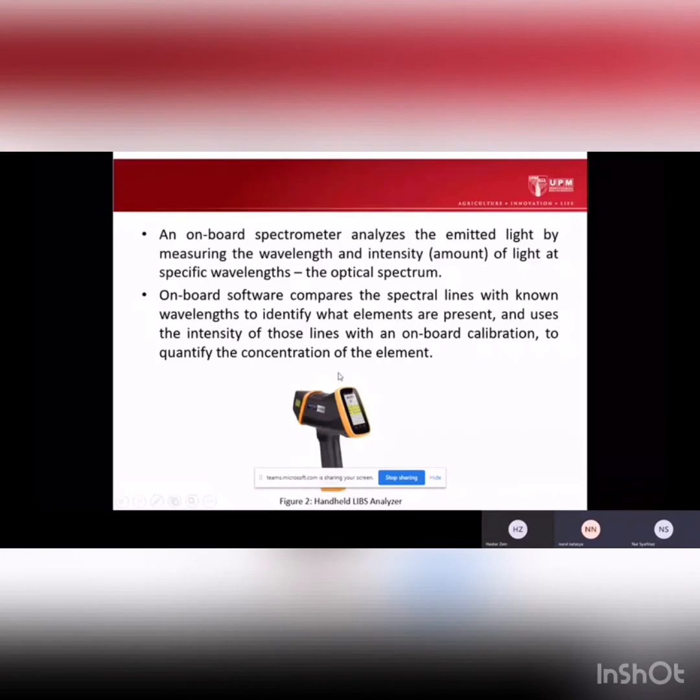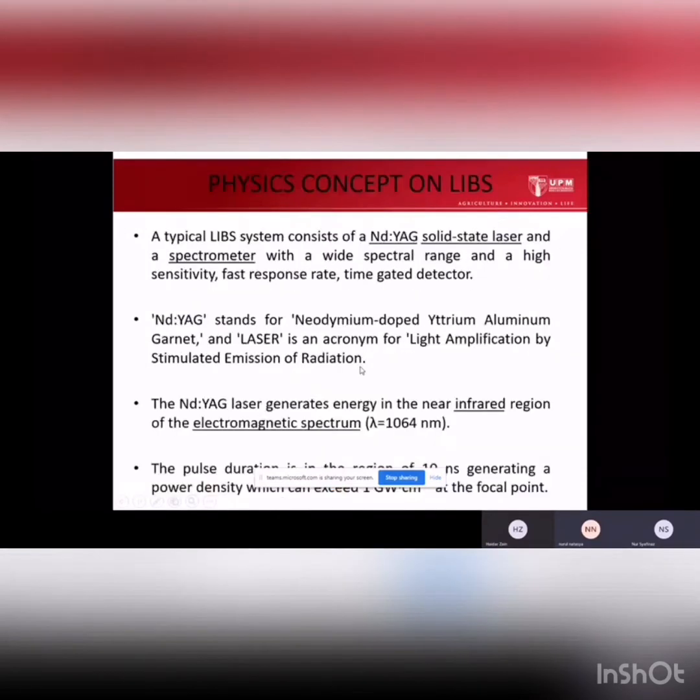Okay, the physics concept of LIBS. A typical LIBS system consists of an Nd:YAG solid state laser and a spectrometer with a wide spectral range, high sensitivity, fast response rate and a time gated detector. So we have a solid state laser, spectrometer and also detector.